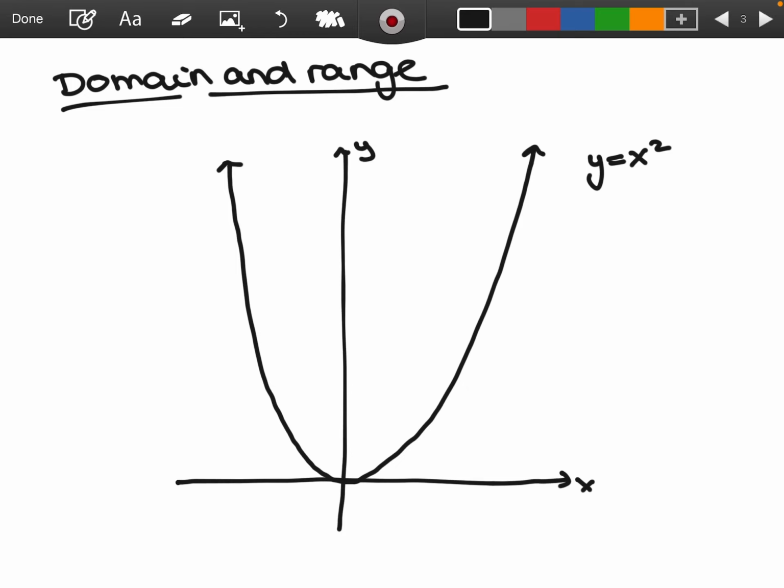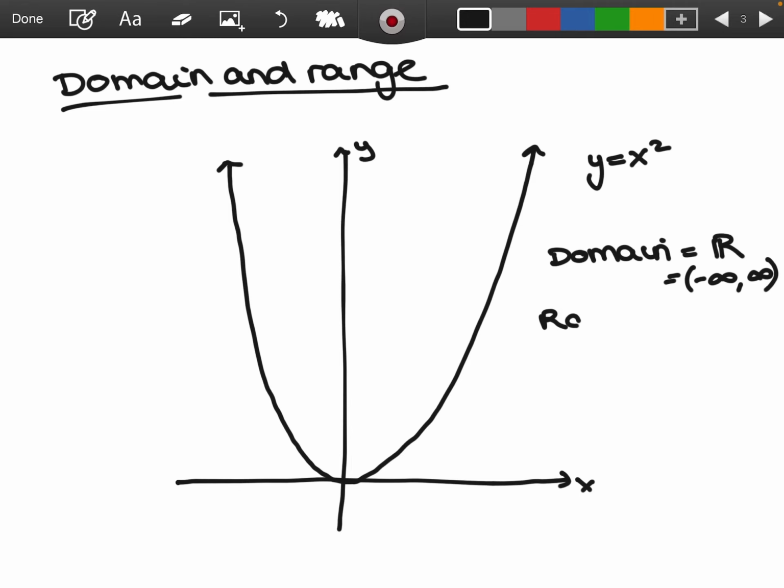So if I take x as any real number, I can always square it and I get another real number. You can do that for any x up to infinity and all the way down to negative infinity. So that tells me that my domain is all real numbers, or in set notation, negative infinity up to infinity, because I can square any real number that I like.